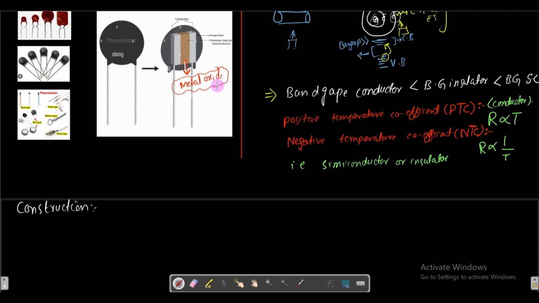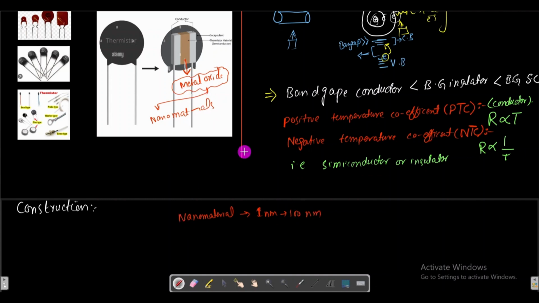Based on their preparation process, these oxides are mostly nanomaterials, and we know that nanomaterials have a range from 1 nanometer to 100 nanometer.